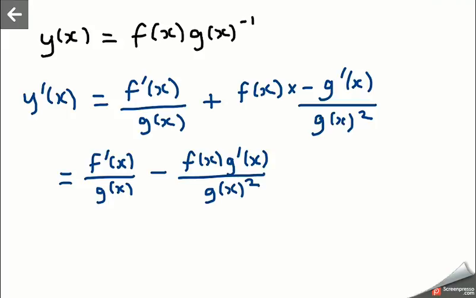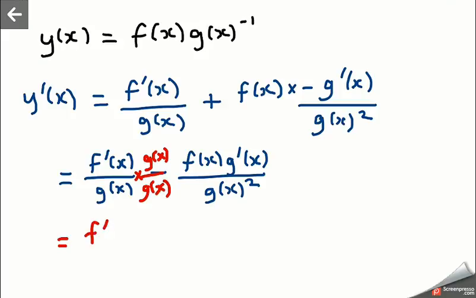Now we would like to write it as one fraction, and there's a really easy way to do this because g of x divided by g of x is 1. So we can just multiply f prime of x divided by g of x by g of x divided by g of x, and it's still the same thing because that's multiplying by 1. But it now allows us to write the whole thing as a single fraction.